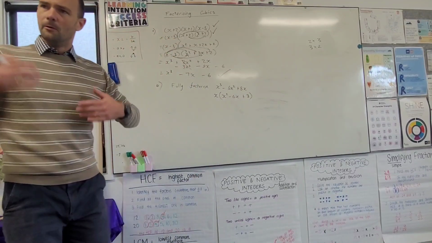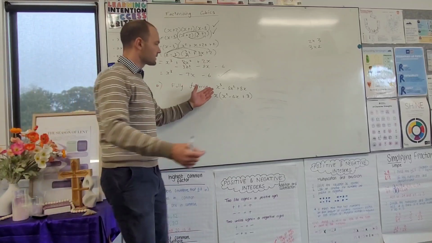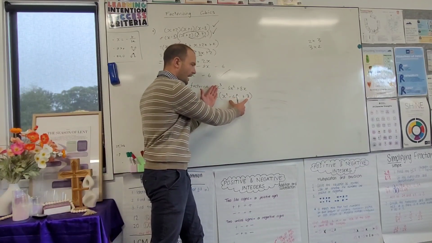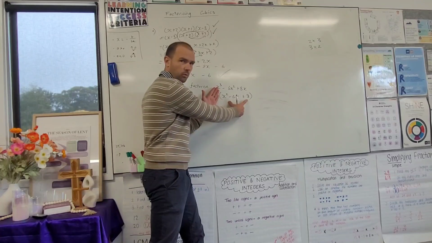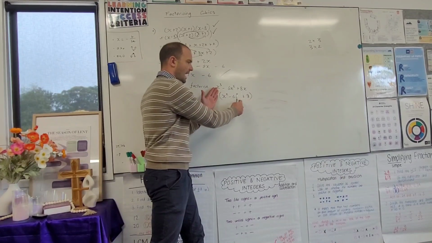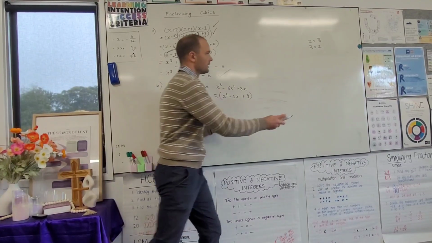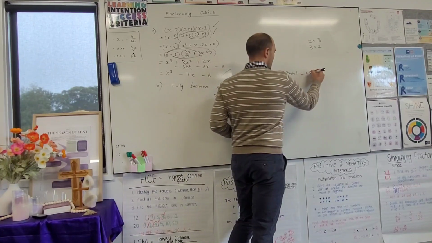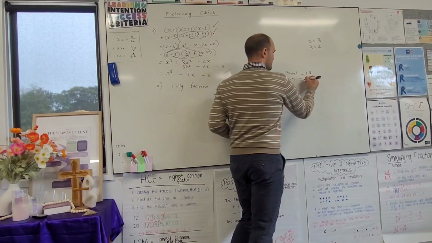However, the question says fully factorize. So that means we're going to look at this part, and we want to factorize that part there. That's a quadratic. We're familiar with factorizing quadratics. We want 2 numbers that multiply together to give us positive 8 and add together to minus 6. So they have a product of positive 8 and a sum of minus 6.